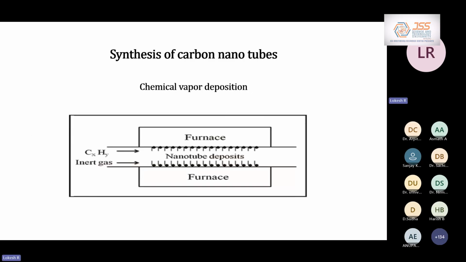Next is the synthesis of carbon nanotubes using chemical vapor deposition. In this technique, nanomaterials such as thin films, nanowires, and nanotubes can be synthesized. The process involves a chemical reaction of vapor phase precursors to deposit a material onto a substrate.